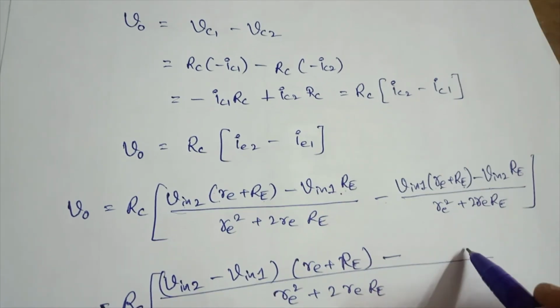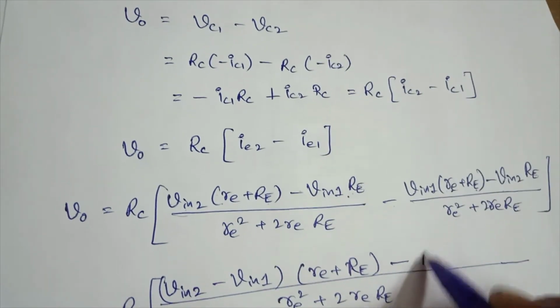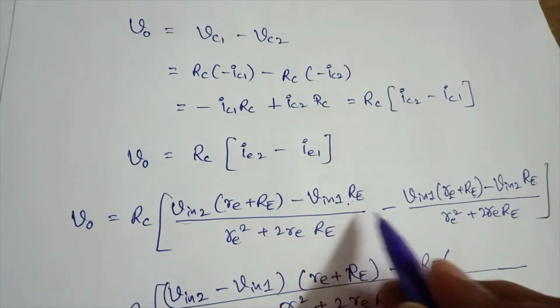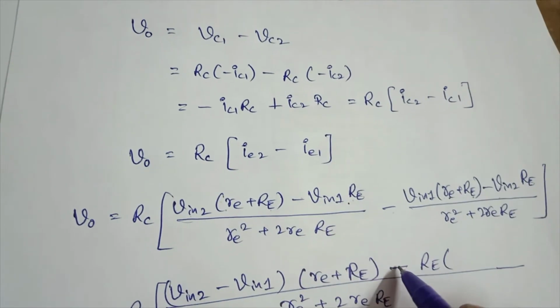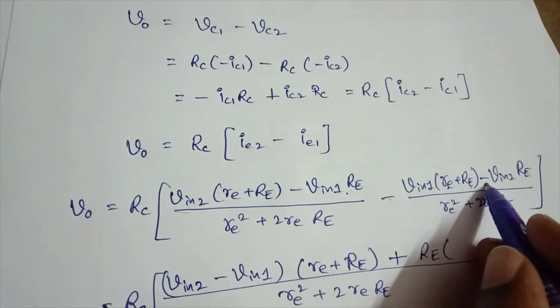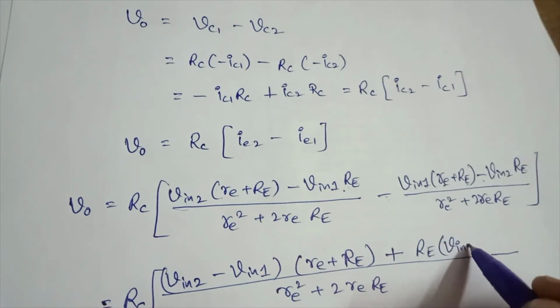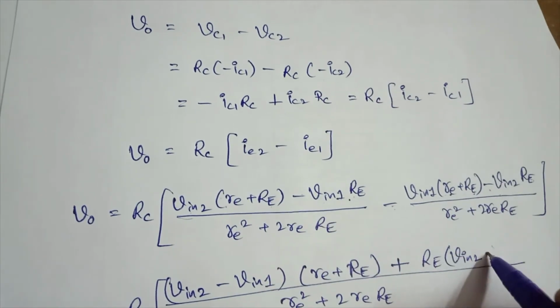So I take RE common, minus of minus becomes plus. Then it becomes Vin2 minus Vin1.